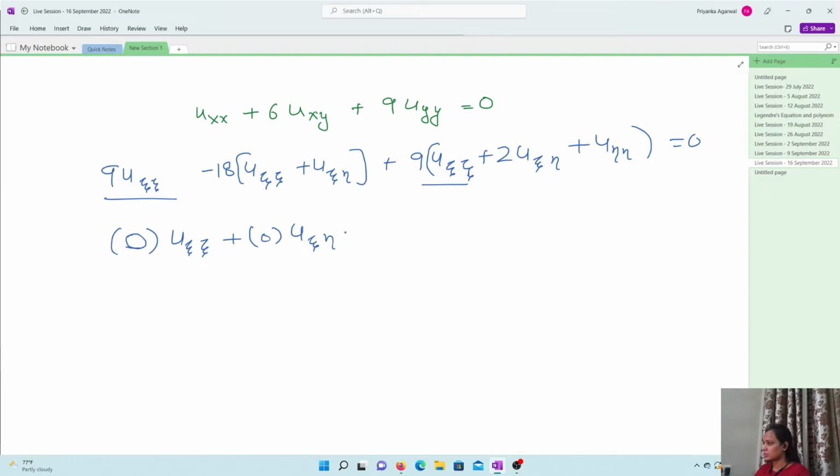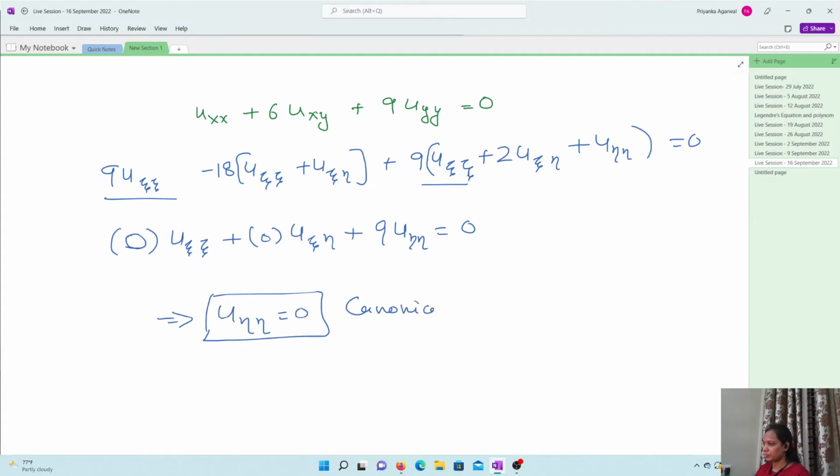And then this becomes 9 u eta eta equals 0. So this implies u eta eta equals 0. This is the canonical form of the given equation.